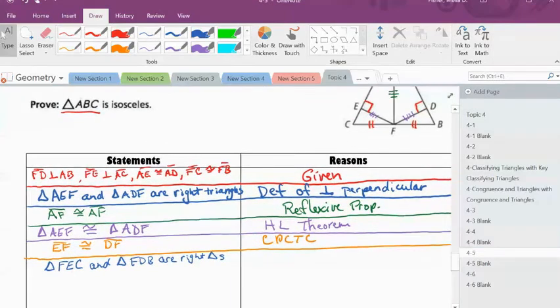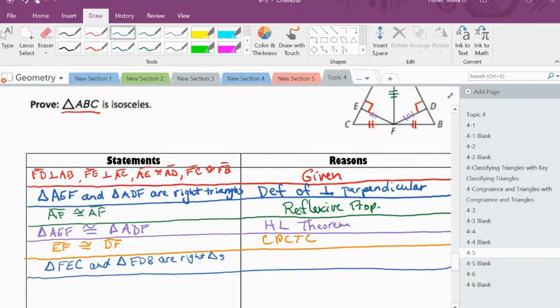And the reason that we know that is the definition of perpendicular, because if FE is perpendicular to this line, then this is also 90 degrees, right? So we can just call that the definition of perpendicular. So we know that those are right triangles.